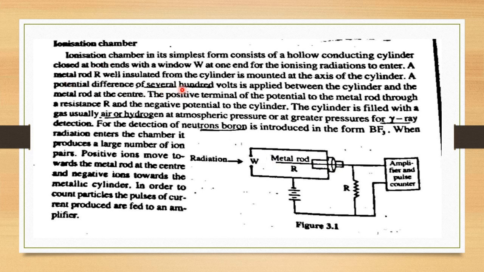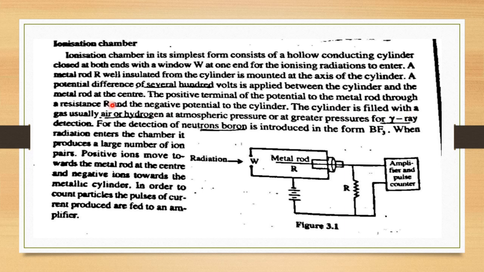A potential difference of several hundred volts is applied between the cylinder and the metal rod through a resistor. The positive terminal of the potential is connected to the metal rod through the resistor R, and the negative terminal to the cylinder.